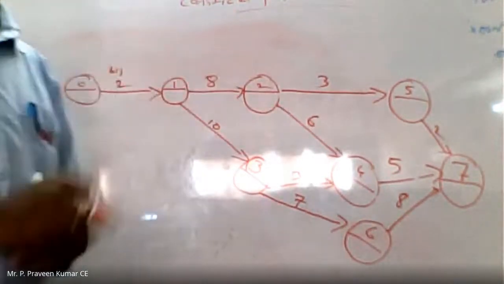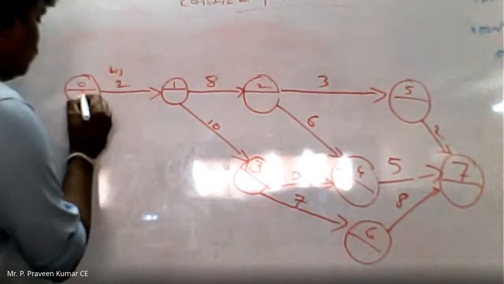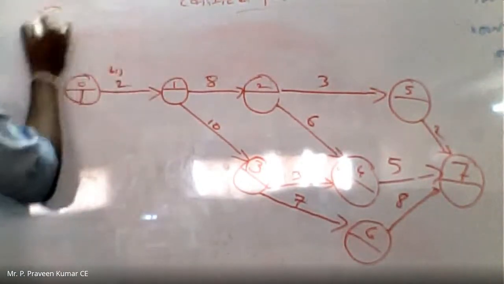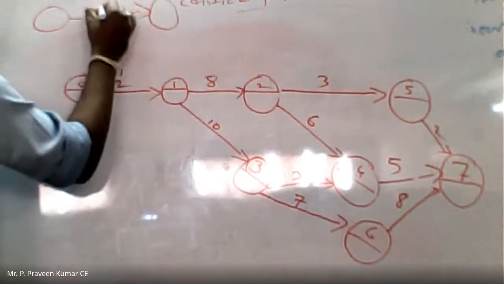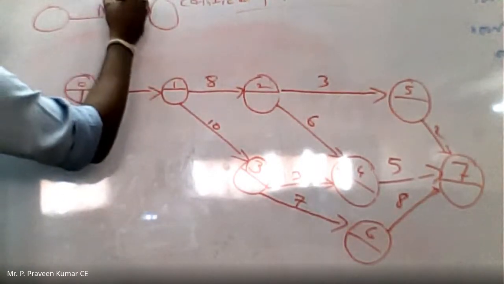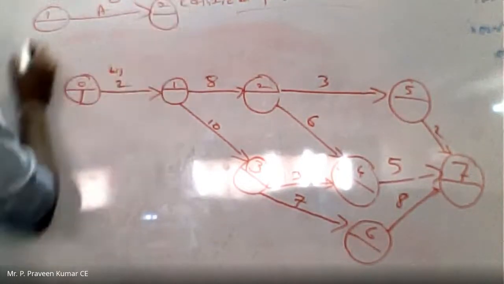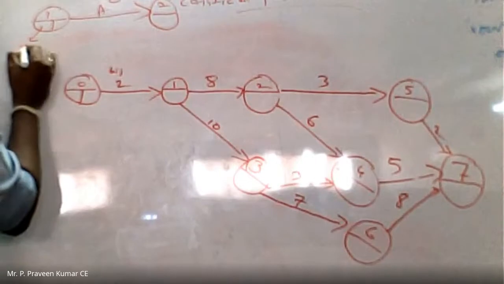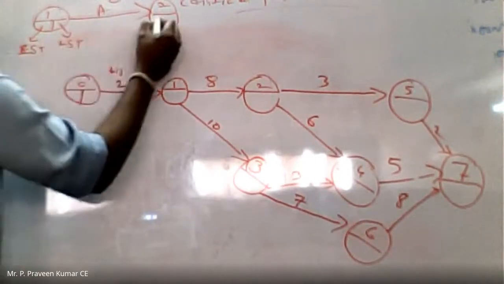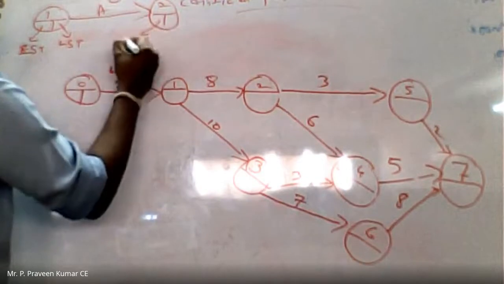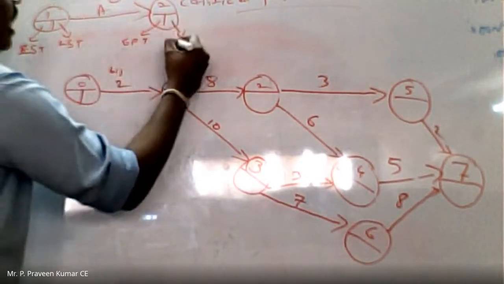Okay, now I am going to calculate the EST of this particular project. Already I said, see here, this is the event. This is the activity, denoted by Tij. For the 1, 2 activity, here this is the EST, this is the LST, this is the EFT, and this is the LFT.